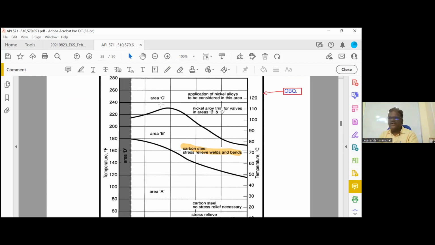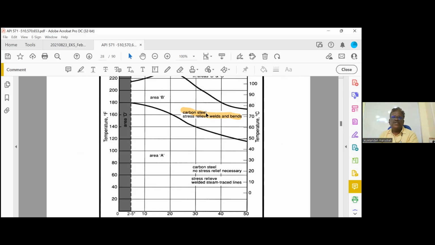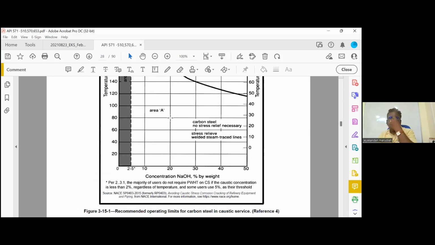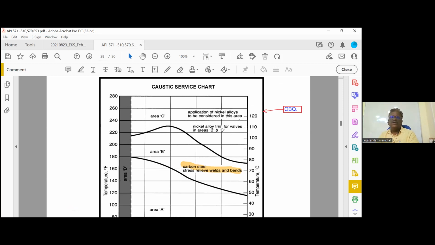Carbon steel is used for the entire area B. If we go to the top, above this curve is area C, the nickel based alloys. So if the temperature is more than this, you have to use nickel based alloys.